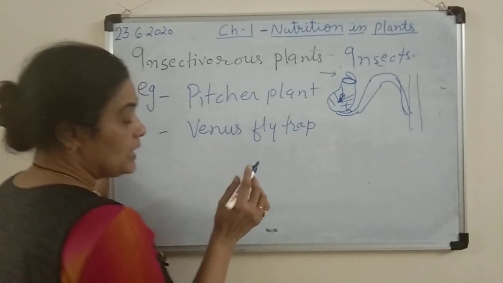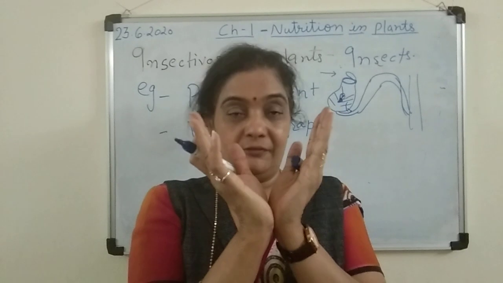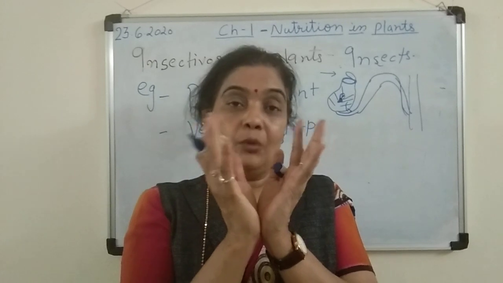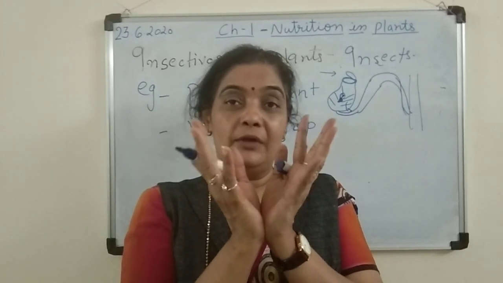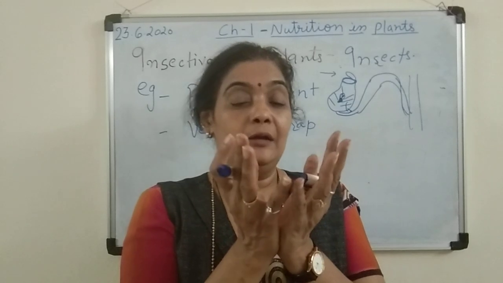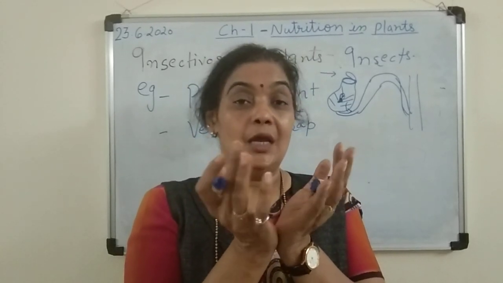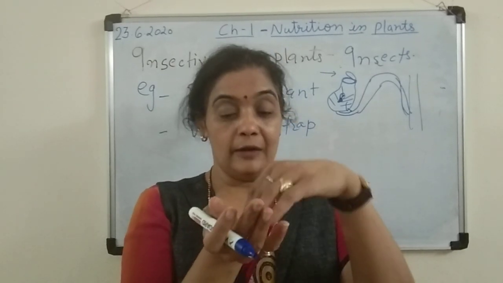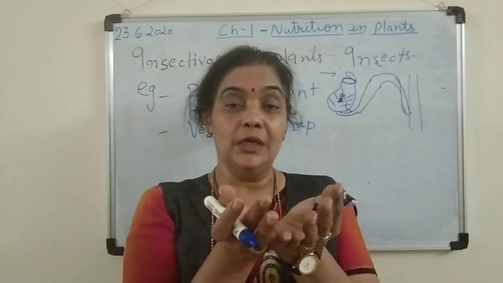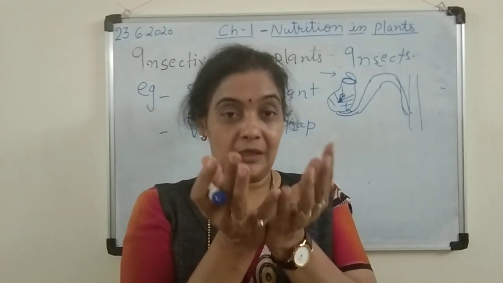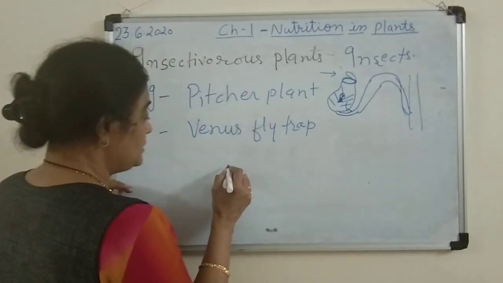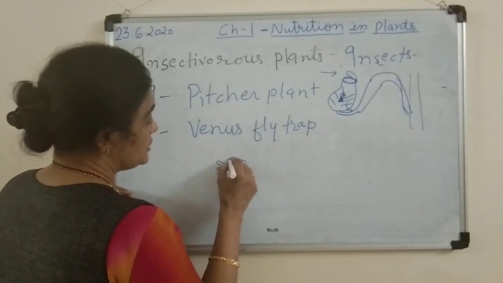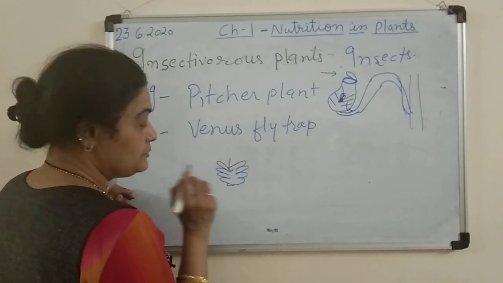Venus flytrap has a hinged leaf. Hinged leaf means there are two sides and they have their fringe open into finger-like projections. They also have a very sticky and shiny surface. The insects get attracted and come into the fringe of the leaf. As soon as the insect enters here, these fringe-like structures interlock.